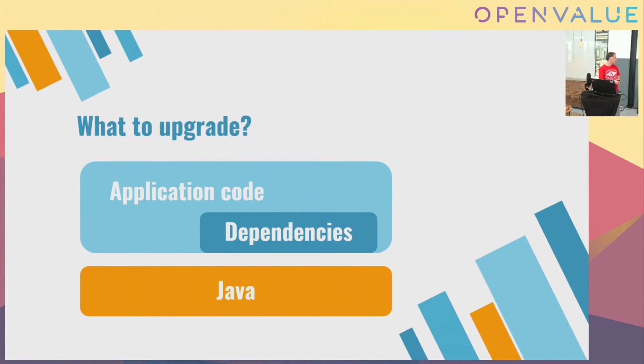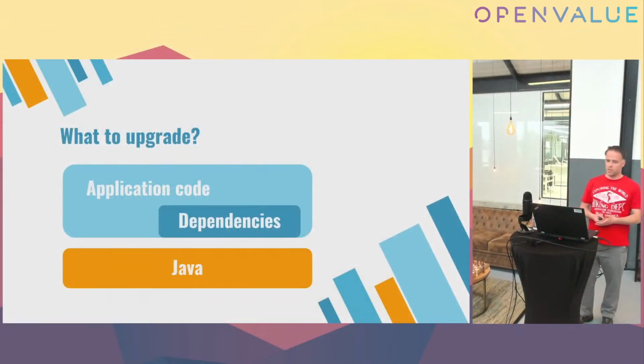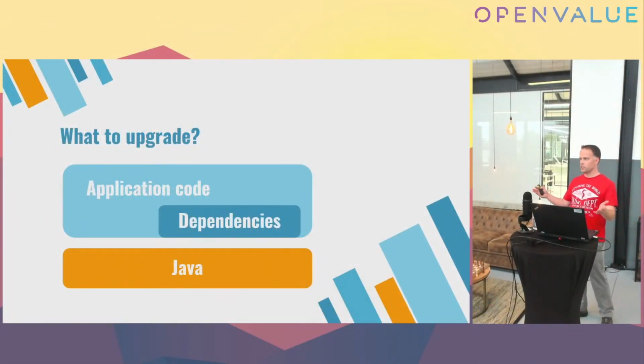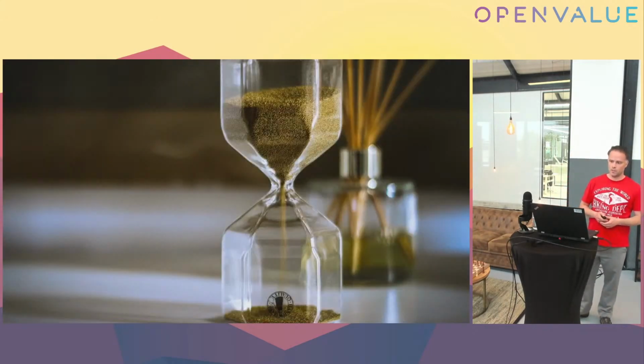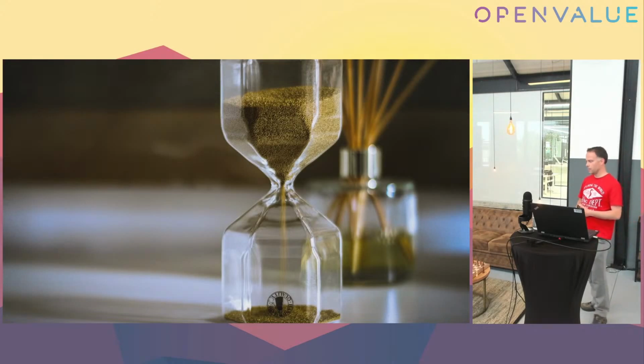And if we upgrade, what do we actually need to upgrade? So we're running on Java, and on top of Java, we have some application code. And unless you wrote the entire application yourself, you probably also have some dependencies. And then Java removes something, and you need to fix something either in your application code or in your dependencies. And actually, some people say a lazy developer is a smart developer.